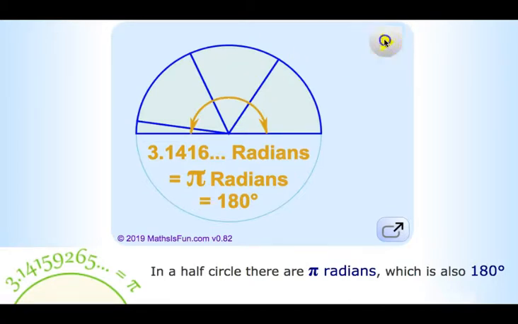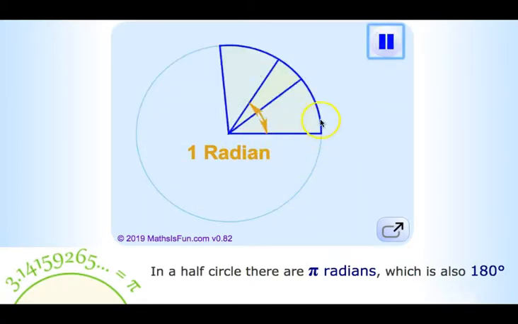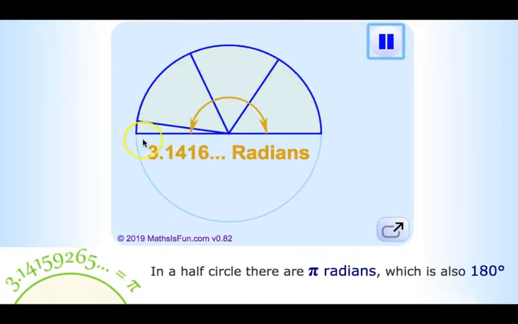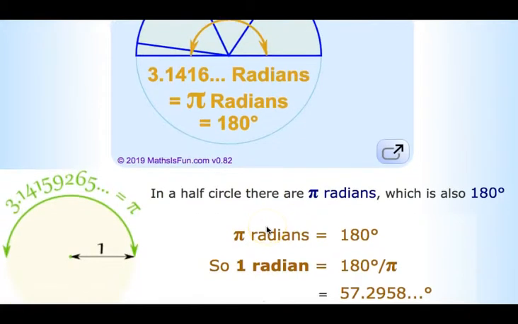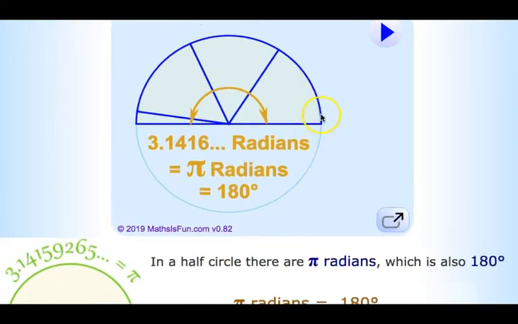So if we just look here, here is my 1 radian, 2 radians, 3, and that little extra bit, if it's measured, it actually ends up being pi, okay? So if we do that activity, we know that pi is the number 3.1415, etc. In a half circle, we've got pi radians.